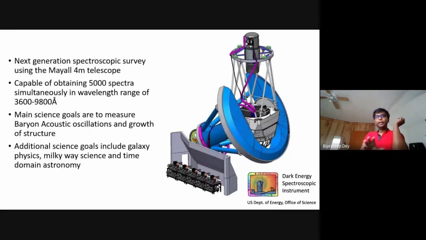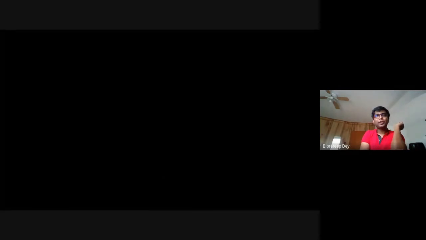What you would do is take a telescope like this, and the mirror reflects light to its focus. You would put a metallic sheet at the focus and drill holes at the locations where you expect there to be a galaxy. And I'll show you a video right now.